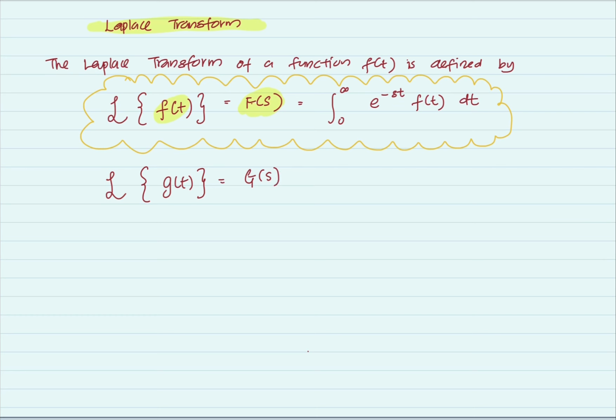The formula will be the integral from 0 to infinity of e to the minus st, where s is a constant and t is the variable, times g(t) dt. To avoid confusion, the function is the small letter g(t) or f(t), and after the transformation, we use the capital letter.